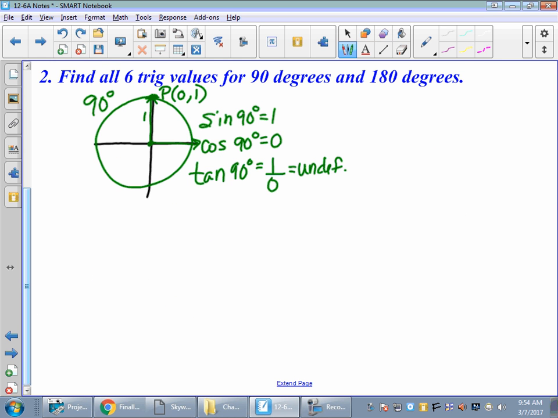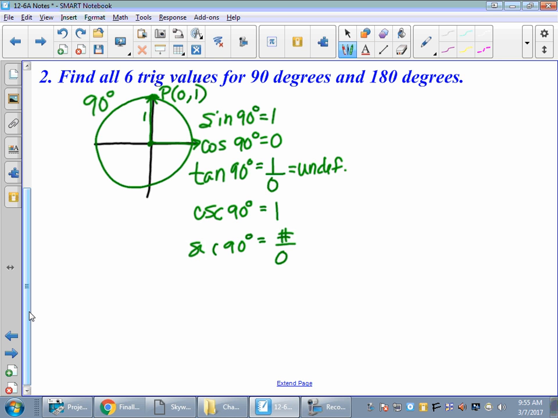The cosecant of 90 degrees is the inverse of the sine. So if you take the inverse of 1 and you flip 1, you get 1. The secant of 90 degrees is flipping 0. Well, if you flip 0, 0 is now in the numerator. When you flip 0, I don't care what number goes on top.